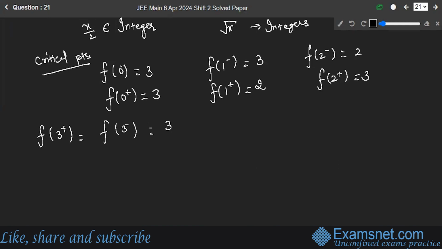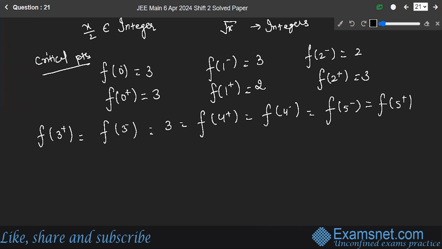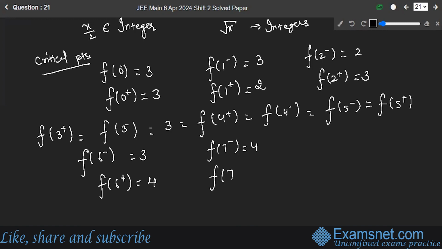That's equal to 3 only. And this is equal to f of 4 plus and f of 4 minus, 5 minus, 5 plus also, right? Similarly, f of 6 minus is equal to 3, f of 6 plus is equal to 4. F of 7 minus, this is 4, and 7 plus, this is also going to give me 4.